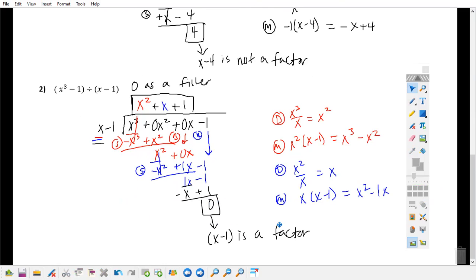What a factor means is that if I have x minus 1, I can then factor this to find out my remaining zeros. Does that make sense? And your zeros are your x-intercepts, your solutions, where the function equals 0.